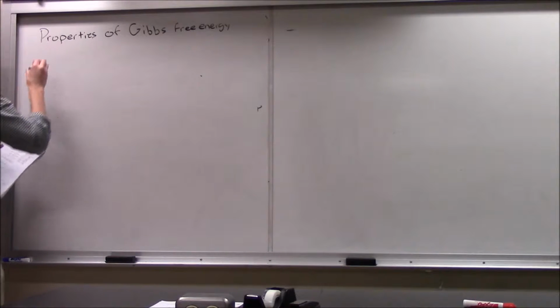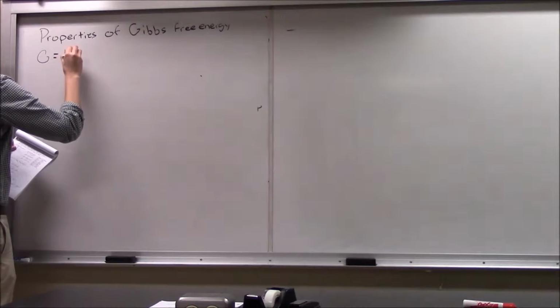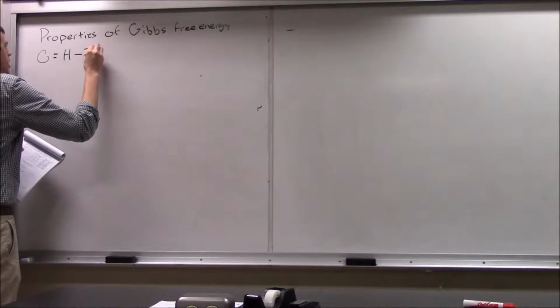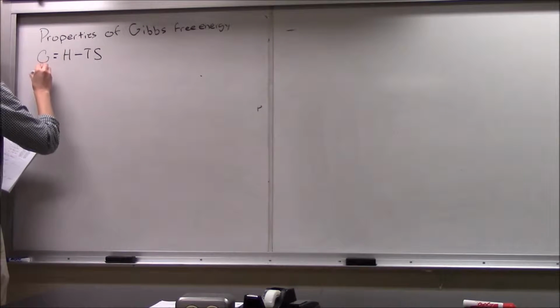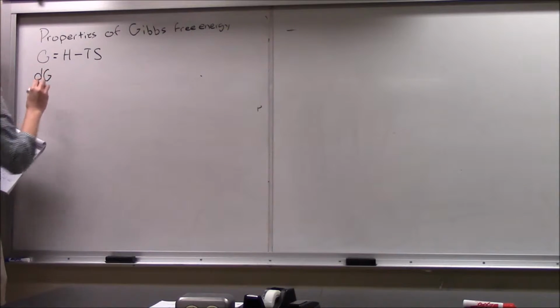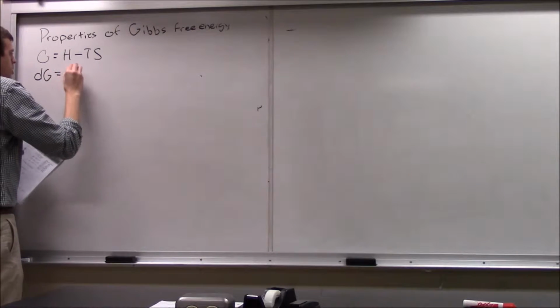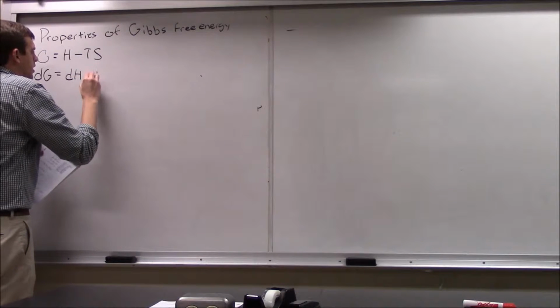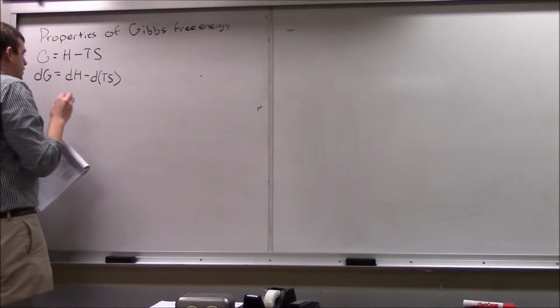Okay, so we know that the definition of the Gibbs free energy, G, is equal to the enthalpy minus temperature times entropy. Now these are all for the system. Now if we want to talk about infinitely small changes in G, we can write this as dH minus d of the product TS.